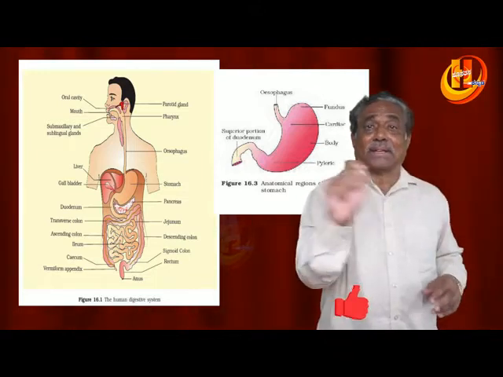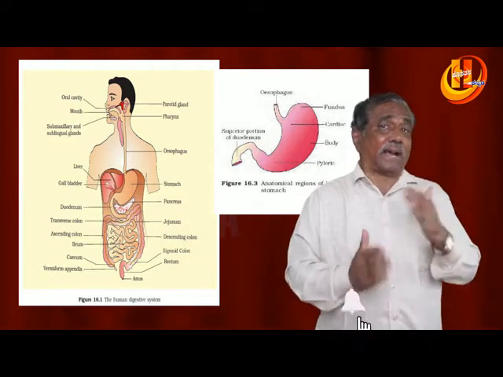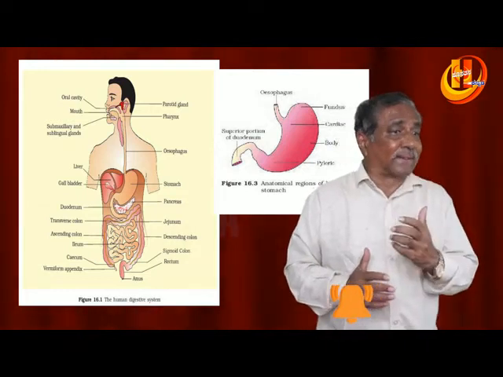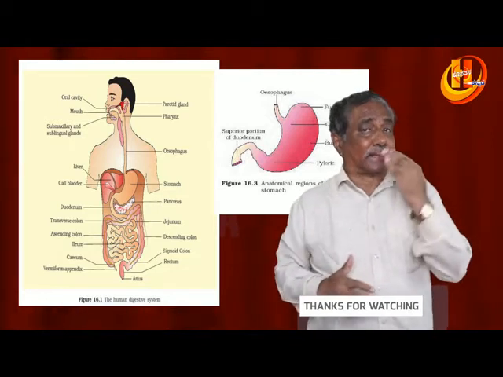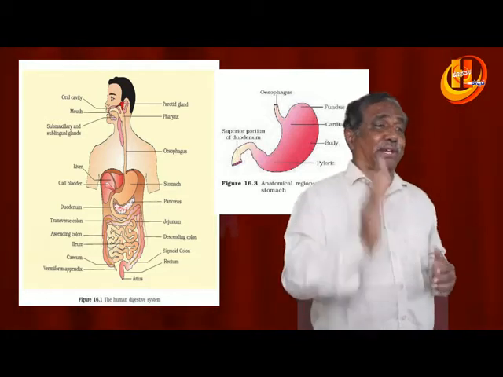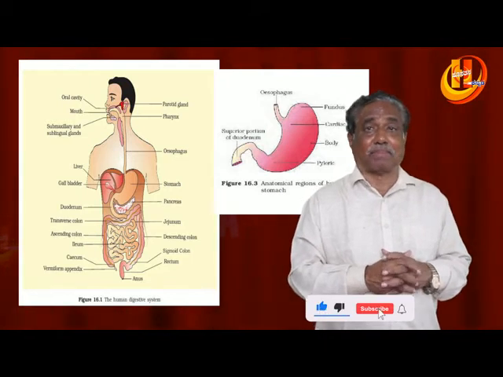Excoriation, that is scratches. So because the acid is present, it is the mucus and bicarbonates present in the gastric juice that prevent excoriation, which is very, very important.